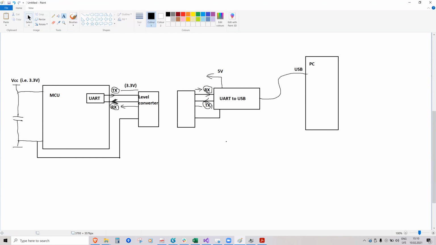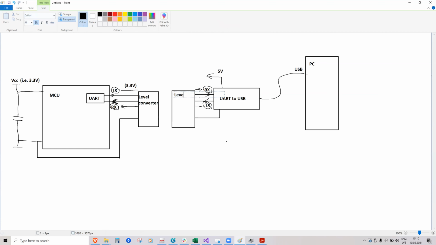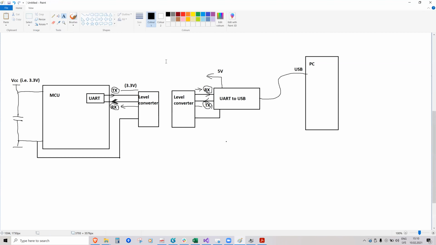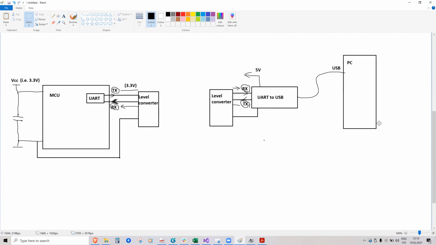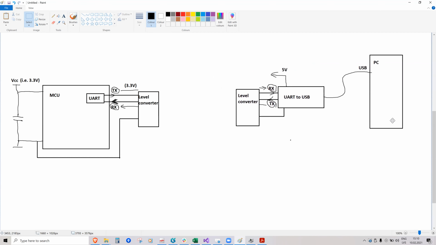So both of these are level converters. And with these level converters, you can actually put these devices further away. The cable can be also longer.